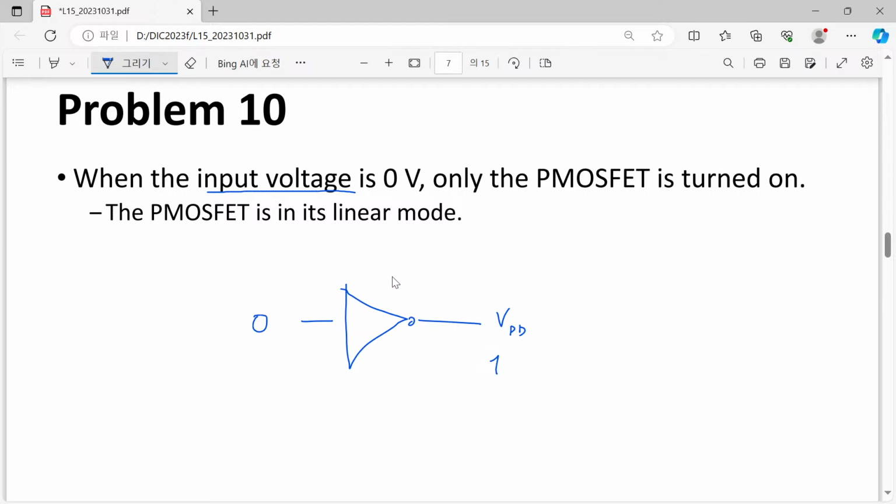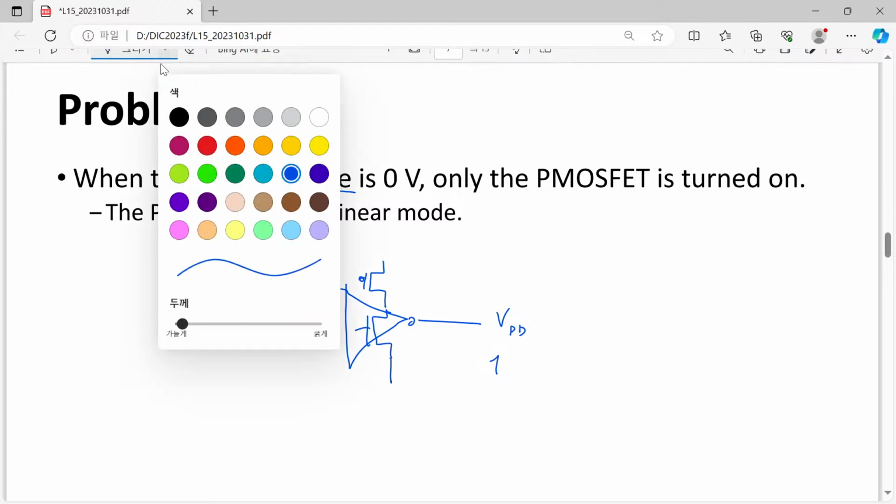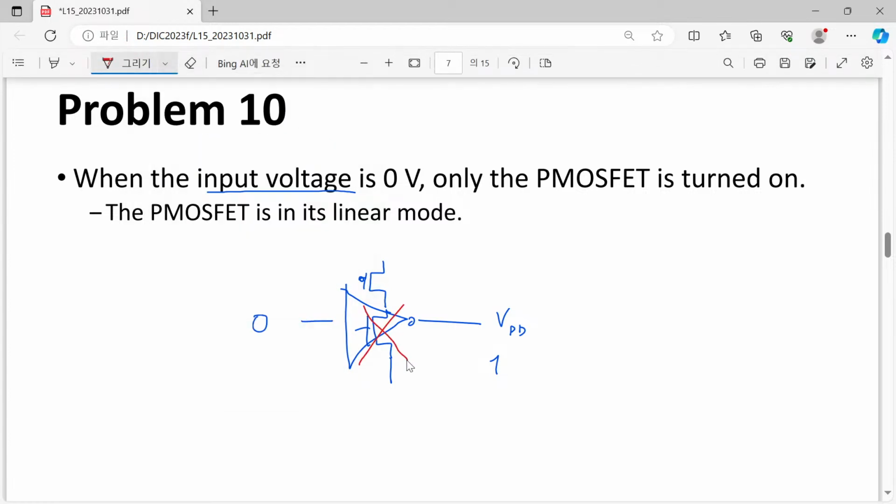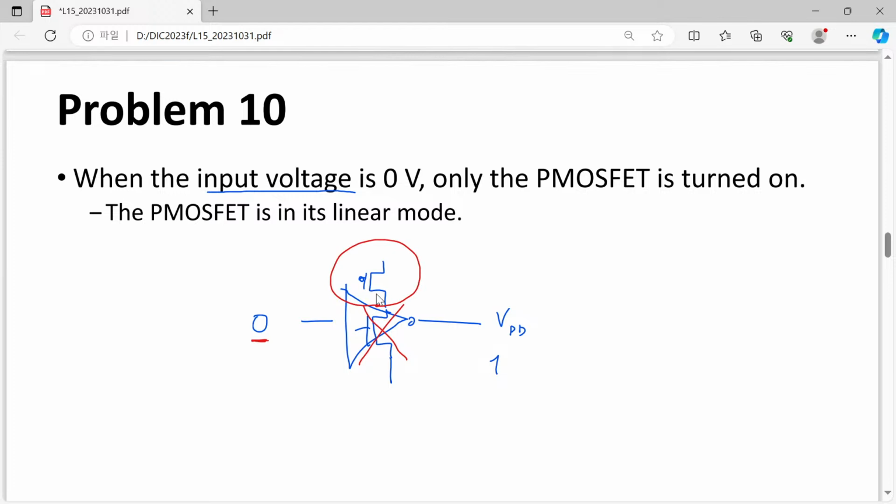Inside this inverter we have two transistors, one is P MOSFET and one is N MOSFET. Also this N MOSFET is completely turned off because the gate voltage equals 0. So only this P MOSFET is turned on.